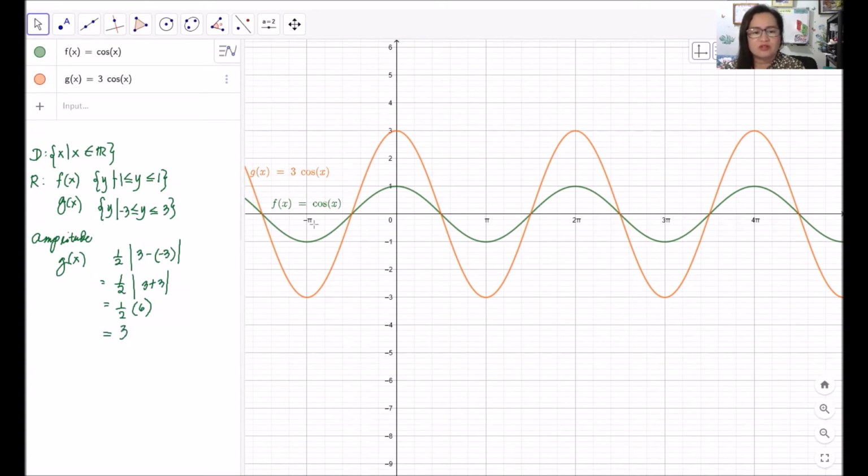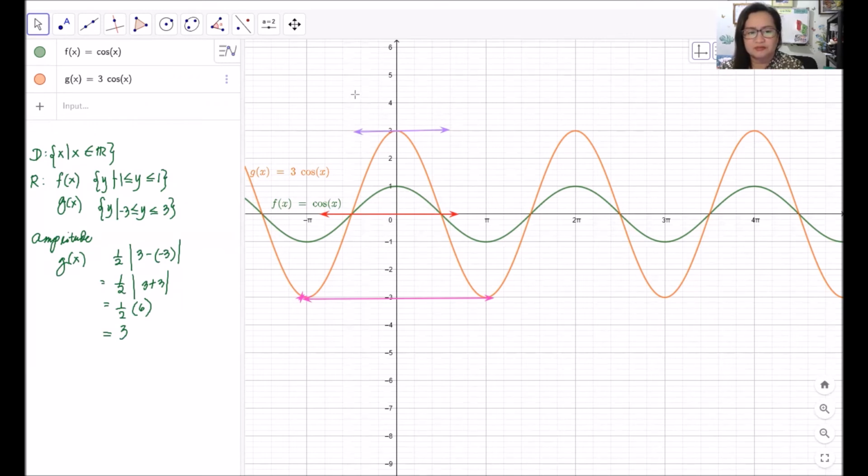Now, if we graph the midline and check how far it is from the maximum value or from the minimum value, we can also see that the distance of the midline from the maximum value or the minimum value is also 3.